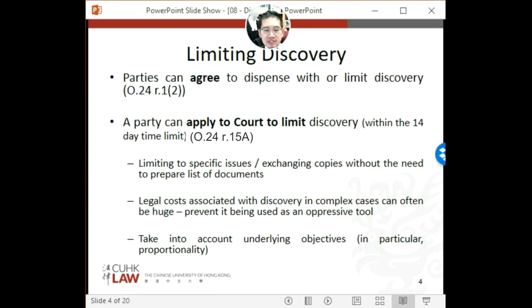Even if there's no agreement, a party can apply unilaterally to the court to limit discovery within 14 days of the time limit, to specific issues, or to exchanging copies without the need to prepare a list of documents. Legal costs can often be huge, so it might be desirable for both sides to limit the scope of discovery. And of course, the court takes into account the underlying objectives, in particular proportionality.